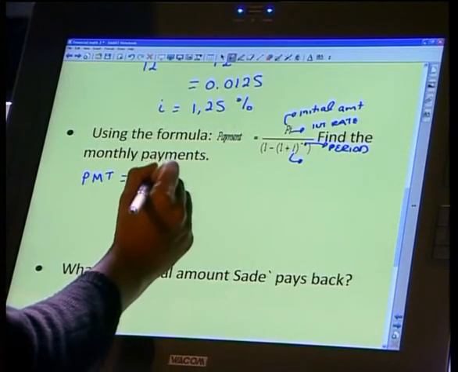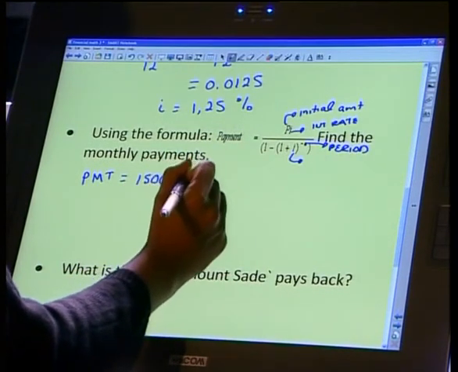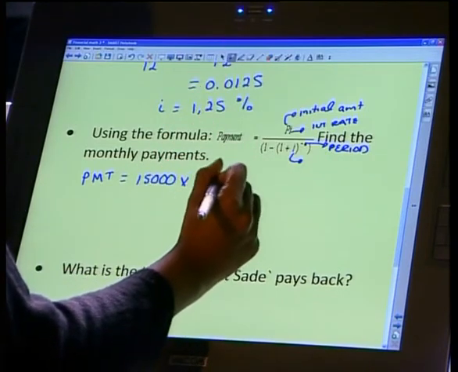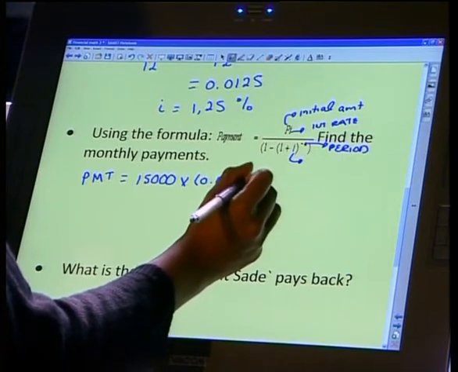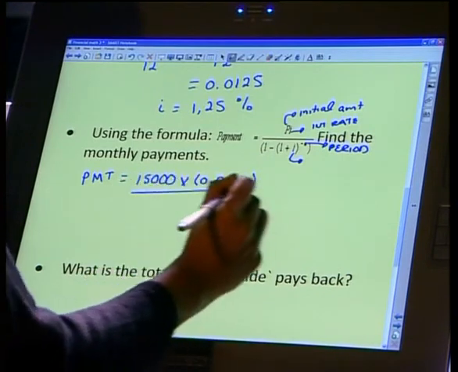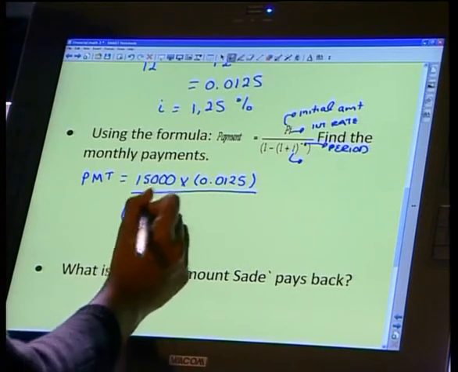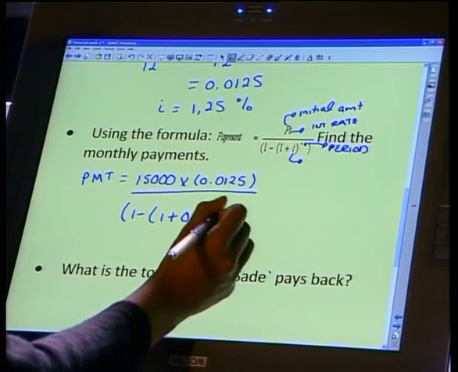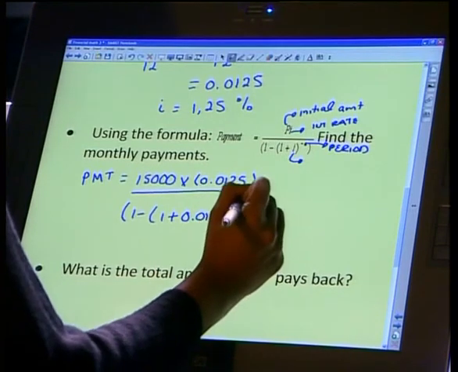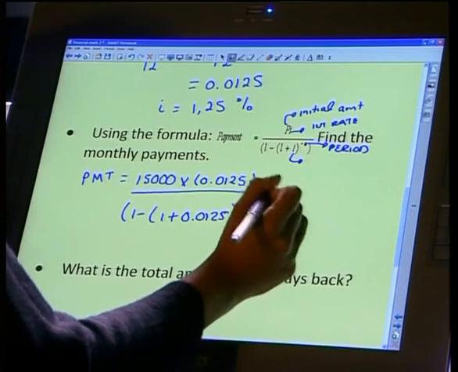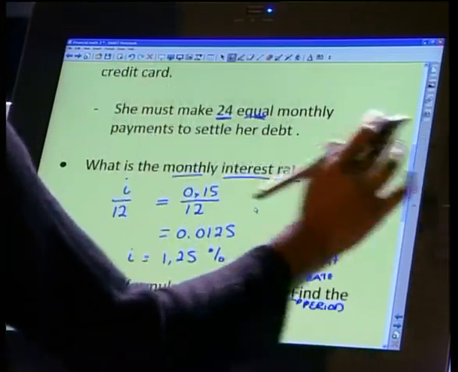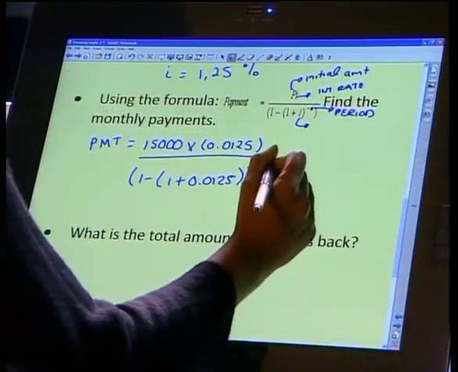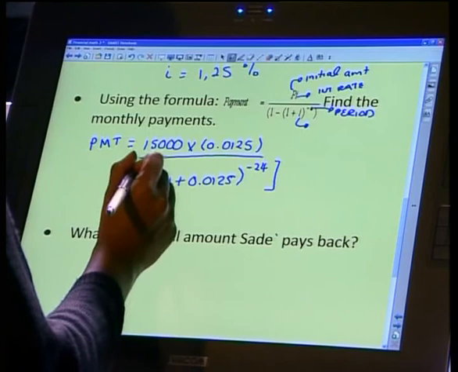So it's 15,000 Rand times the interest rate in decimal form, which is 0.0125, all over 1 minus (1 plus, once again, we put in the interest rate in decimal form), and that's raised to the power of minus 24, which is the number of payments. Remember here they said she has to make 24 equal monthly payments in order to settle her debt.